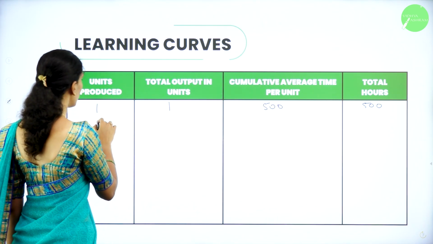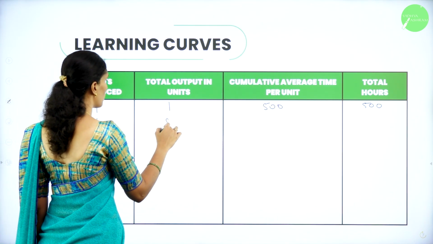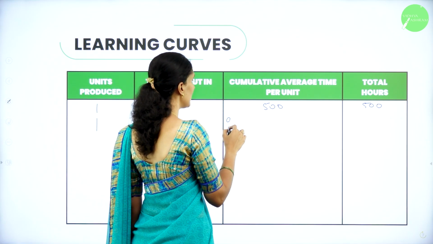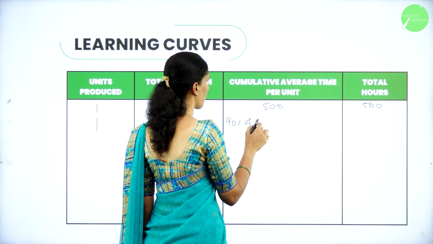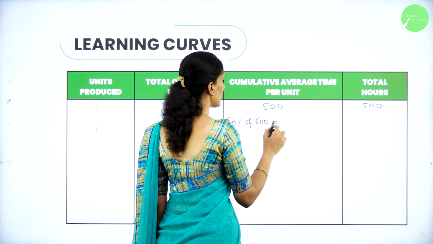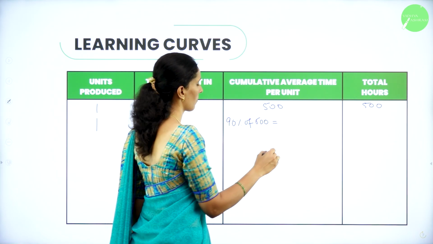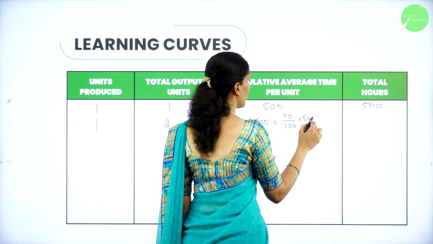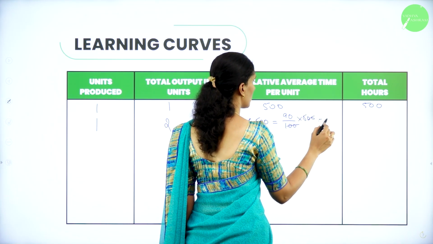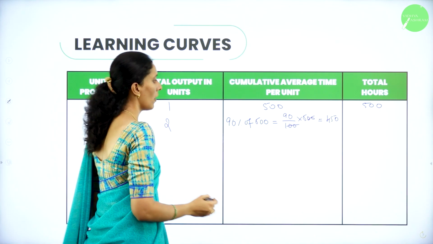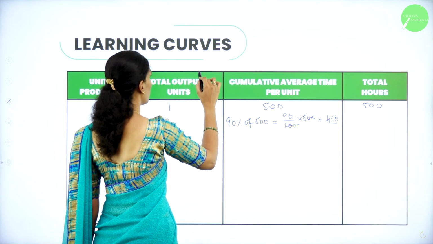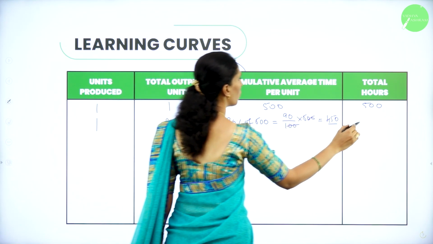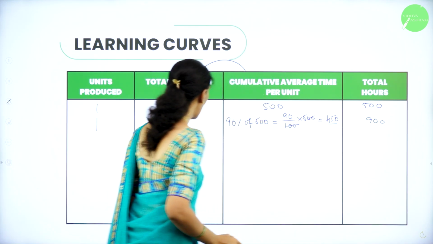Next again, the unit produced is 1, total output is 2, and this is 90% of 500. That is equal to 90 divided by 100 into 500, which is 450. Now again, 450 into 2. Multiply these two columns, 2 into 450, this is equal to 900.